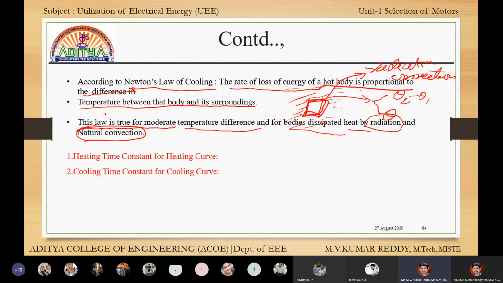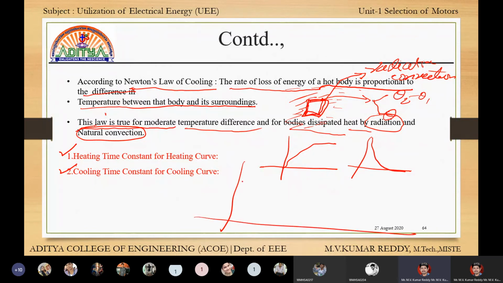From this, it is divided into two parts. First one is heating time constant and cooling time constant. There are two graphs. First graph is a heating graph, and next one is a cooling graph. If these two graphs are merged on a single graph, then this is the graph.